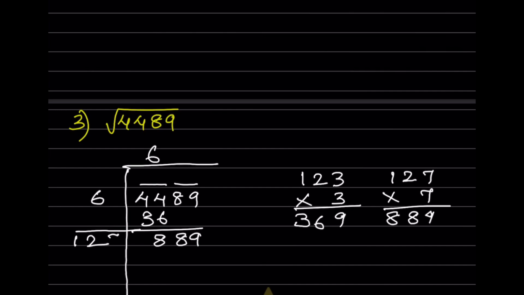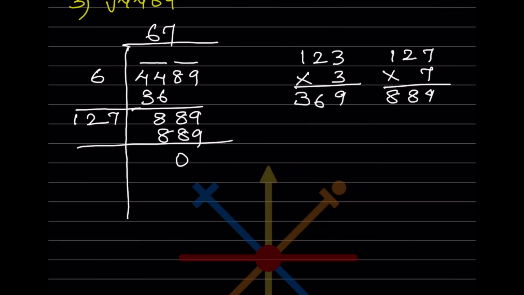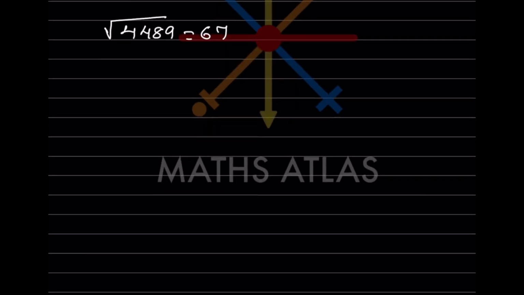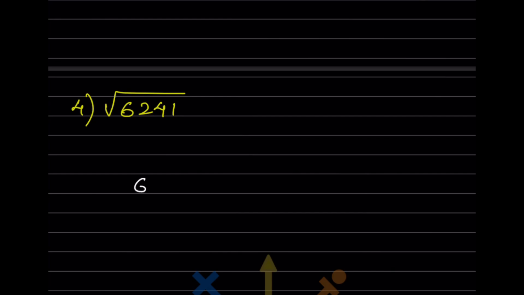So this should be 7. So what will you write here? Root of 4489 is 67.